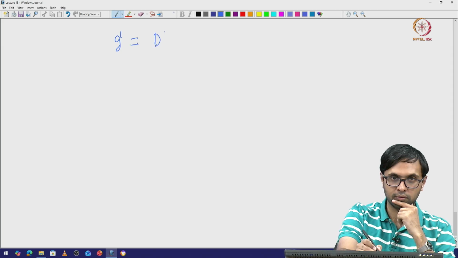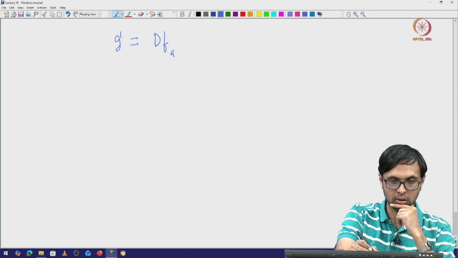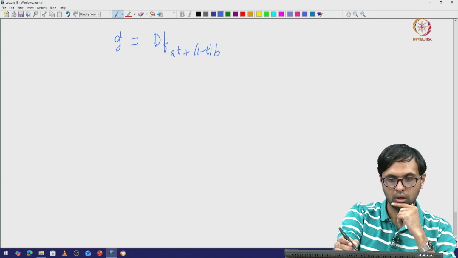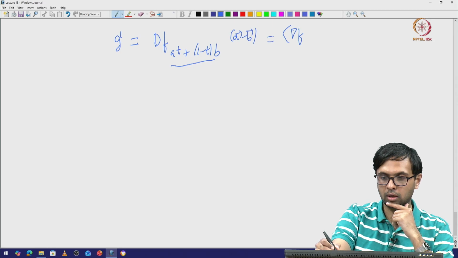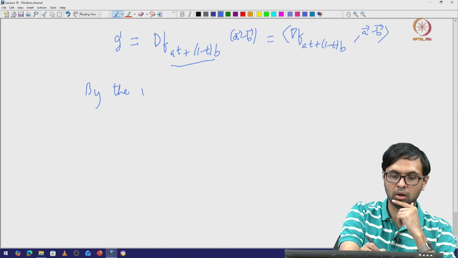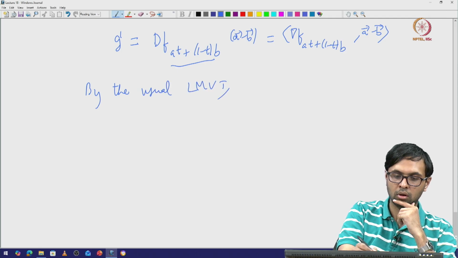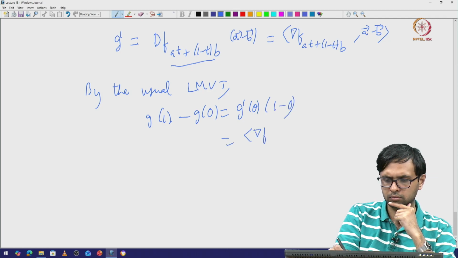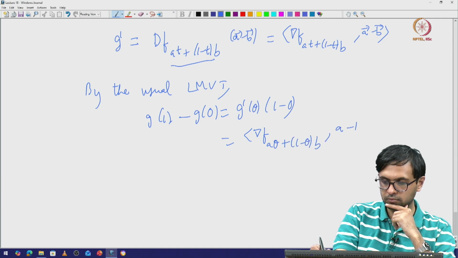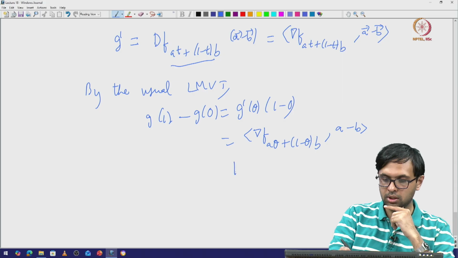Once again, it's the derivative of f at this point and the derivative of this function, which is simply the vector A minus B. In other words, it's basically the gradient evaluated at this point times A minus B. Now, by the usual Lagrange's mean value theorem, g of 1 minus g of 0 is g dash of theta times 1 minus 0, for some theta.